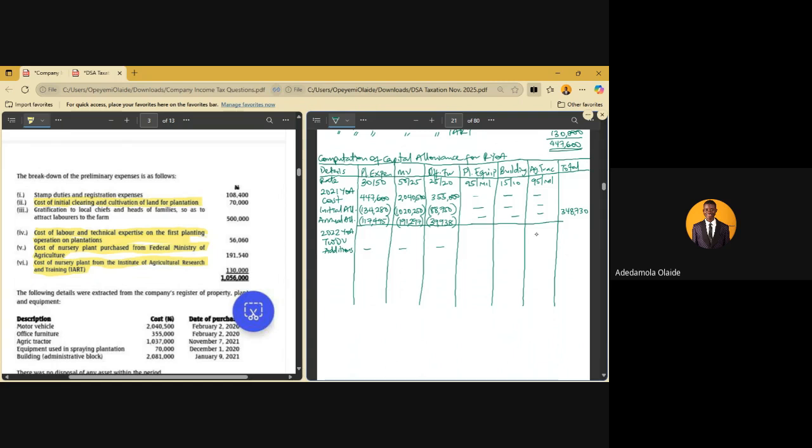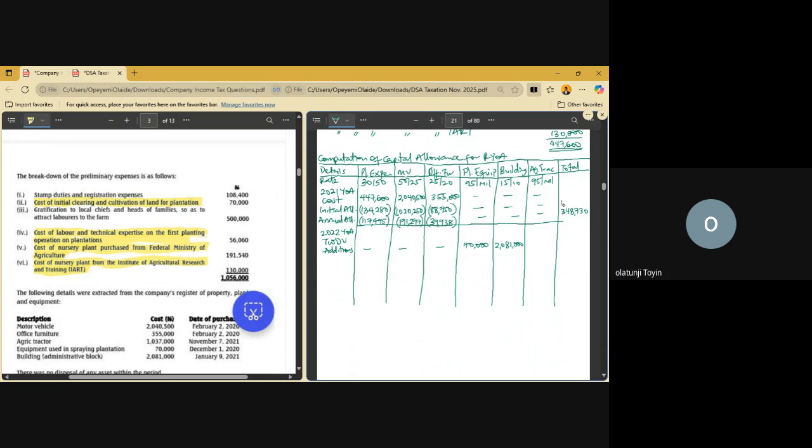Cost of the plantation equipment is 70,000. For building, annual allowance 281,000. Initial allowance, sorry, 1,243,000.